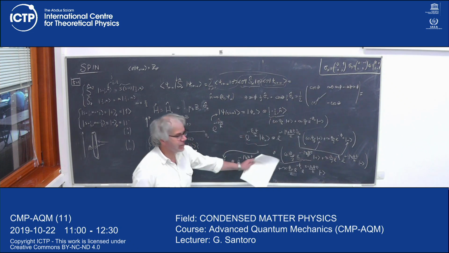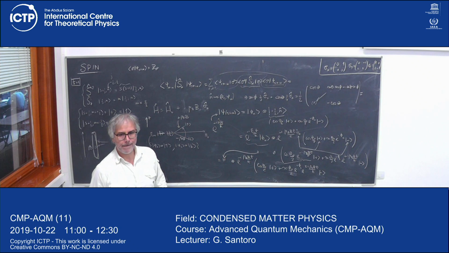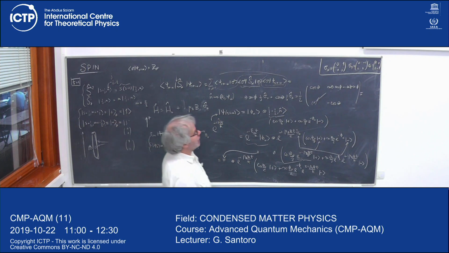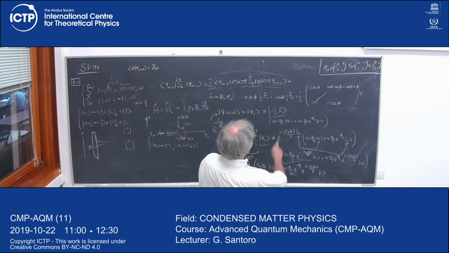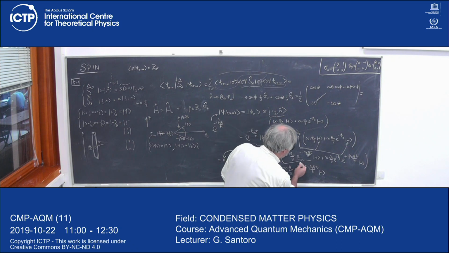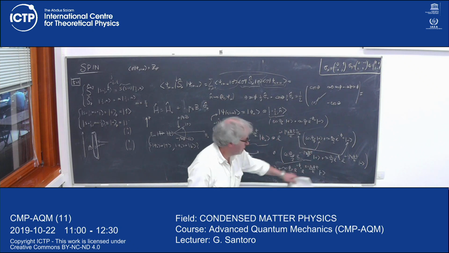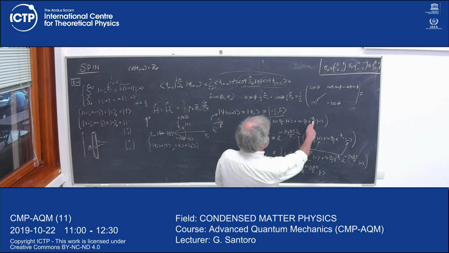Now, tell me, what is this? It's a spin eigenstate, but in which direction? If you remember the expressions I have, the angle phi is essentially the phase that I have there. Originally it was just phi_0.